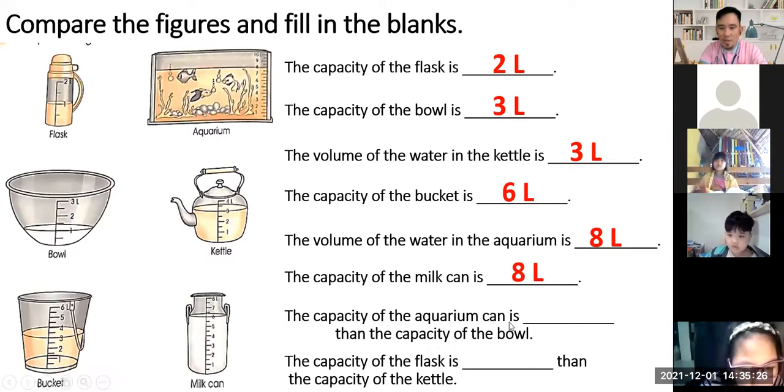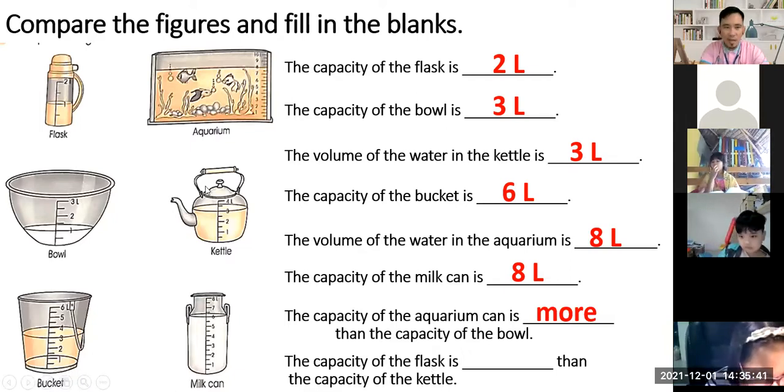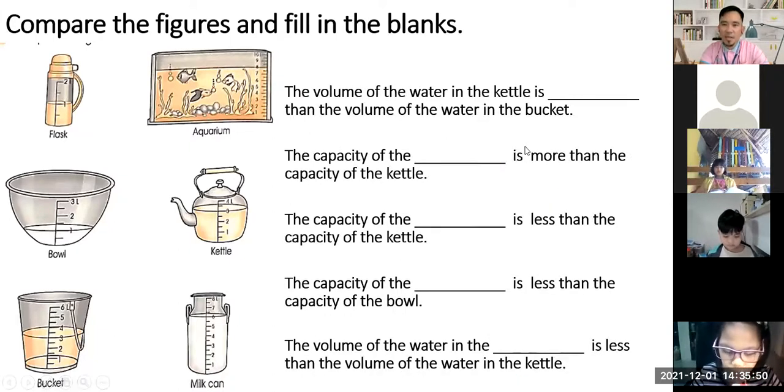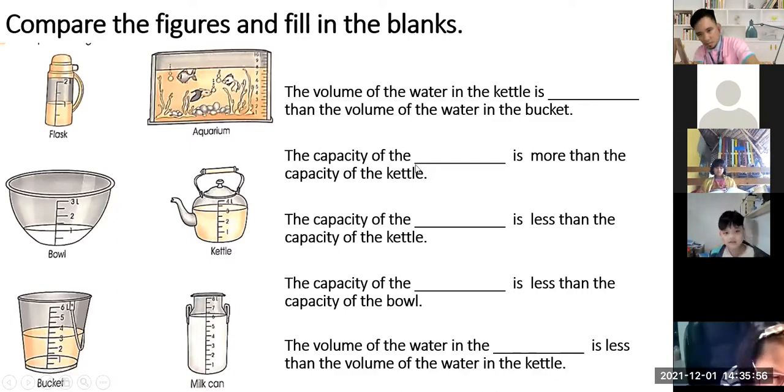How about here? The capacity of the aquarium is blank than the capacity of the bowl. Aquarium and the bowl, more than or less than? More than. How about here? Capacity of the flask and the kettle, more or less? Less than. Now how about here? The volume of water in the kettle and the volume of water in the bucket.